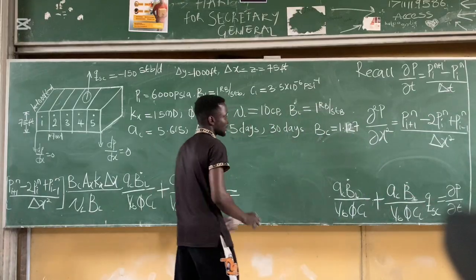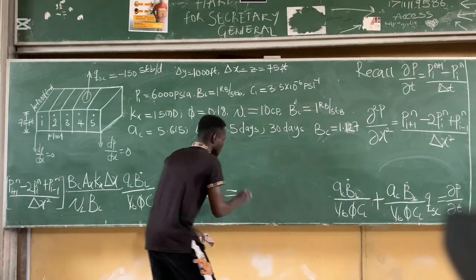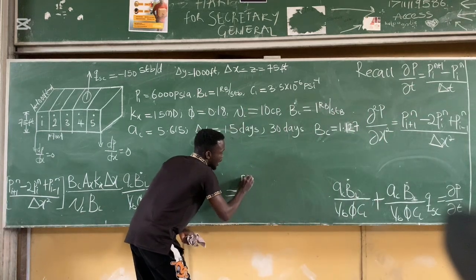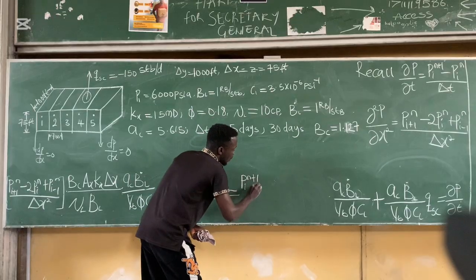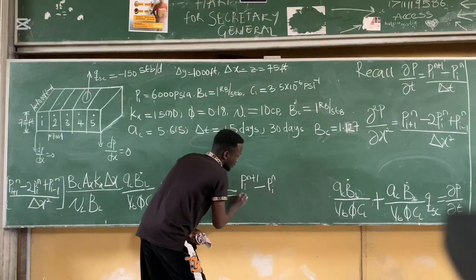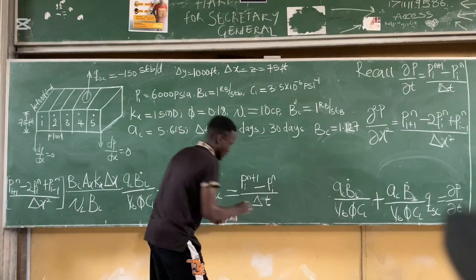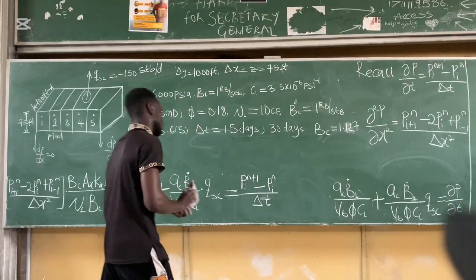Now, what is our partial dP over the partial dt? We said partial dP dt is equal to this. So this will be equal to P_i^(n+1) minus P_i^n divided by delta t. So we have this.